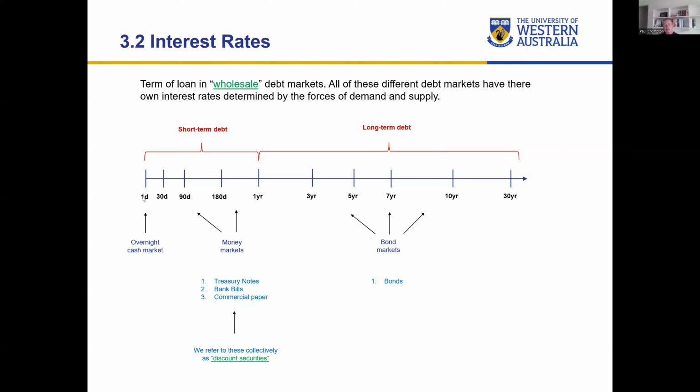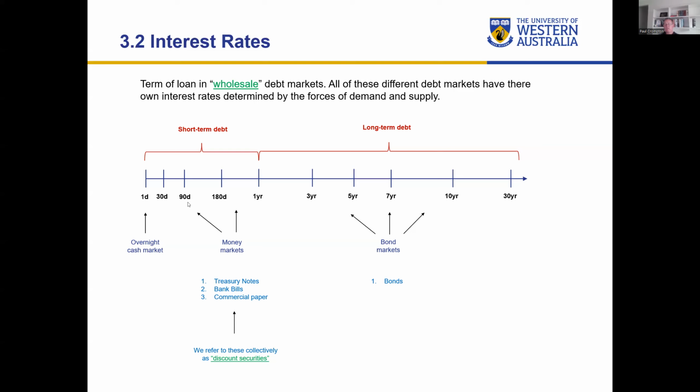Now, all of these markets are called money markets. Whereas if you're talking about longer term borrowing, they're typically called bond markets. So let's focus on money markets. Now, each of these markets will have what we call a debt instrument to facilitate the borrowing and lending in these markets.